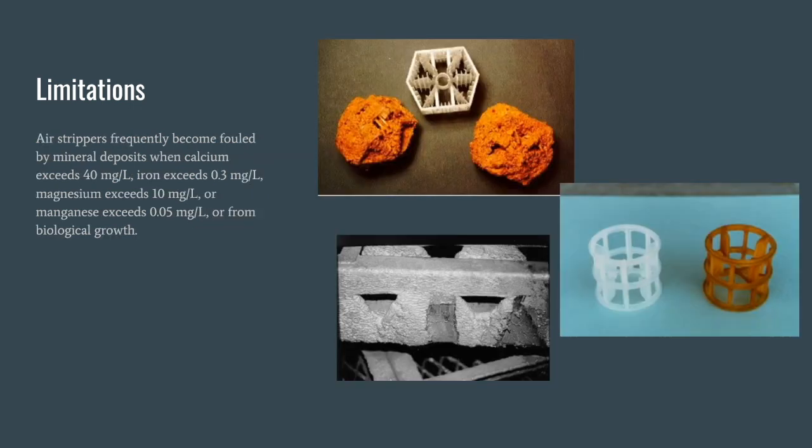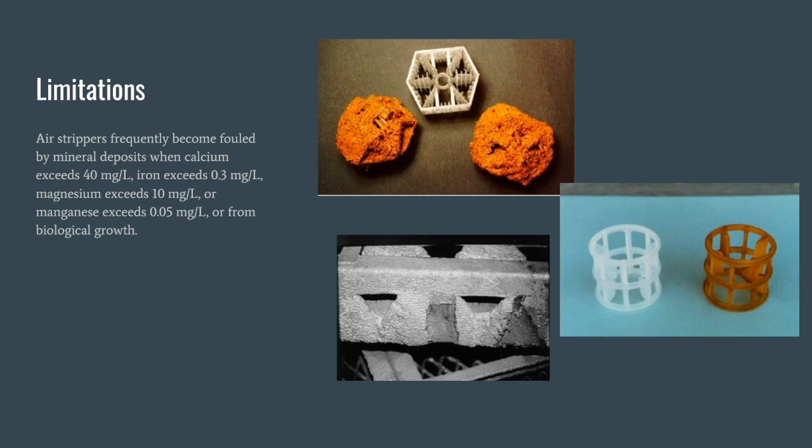The second important limitation for this technology is it can be fouled when water has high hardness, low pH, or high microorganism concentration. Air strippers frequently become fouled by mineral deposits when calcium exceeds 40 mg per liter, iron exceeds 0.3 mg per liter, and magnesium exceeds 10 mg per liter, or from biological growth, when water has high microorganism concentration.